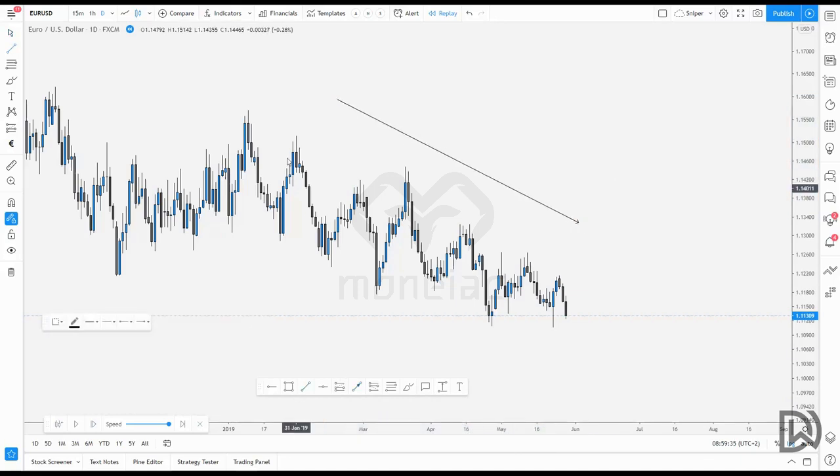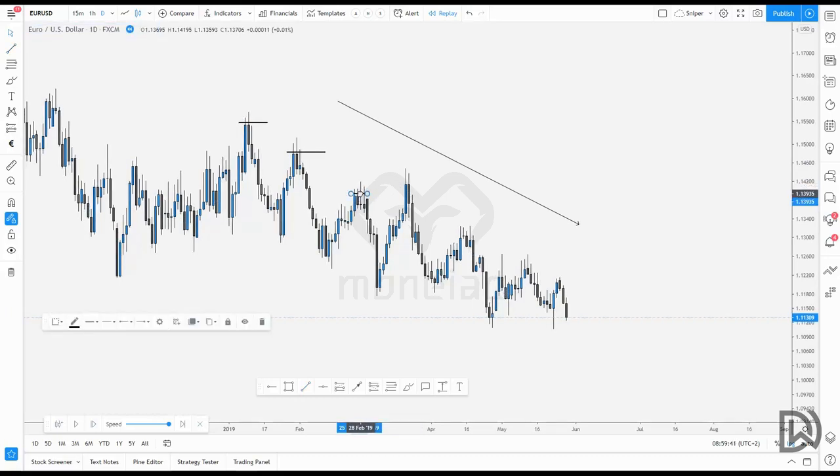We are making lower highs. Here we had a nice manipulation, but we are making lower lows and so on. So we are stepping down. It's clear to see that we are stepping down.